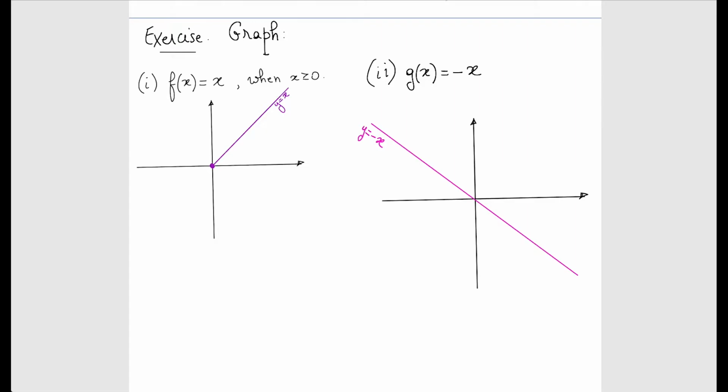Now, what if I add to this question that I want you to graph this guy for those inputs, so for those x which are only negative? Okay, so now you're gonna restrict the function, the pink graph, to those inputs which are negative.